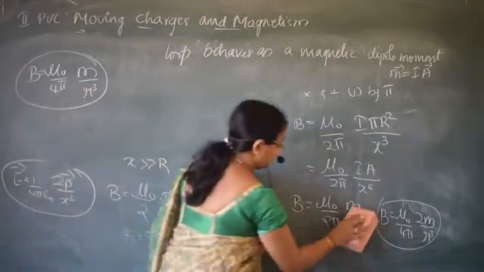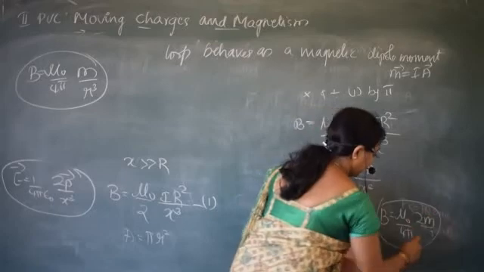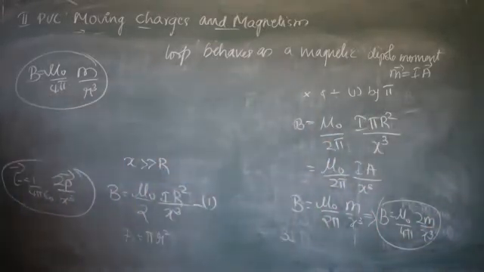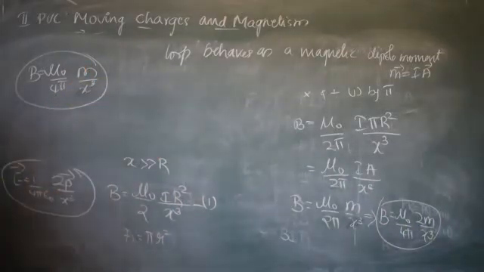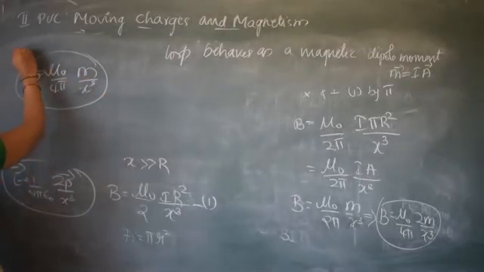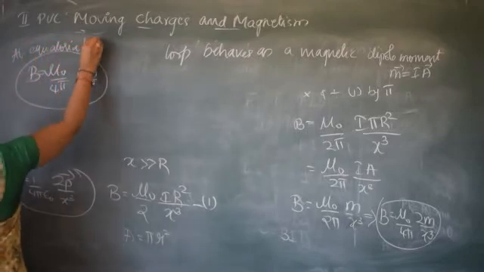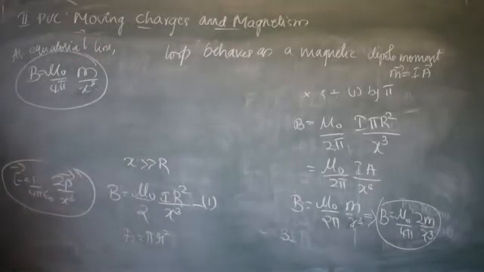I missed x cube here, I'm sorry. Thank you, you're right, x cube here. No derivation; at the equatorial line we get the expression B is equal to mu naught by 4 pi, m by x cube.